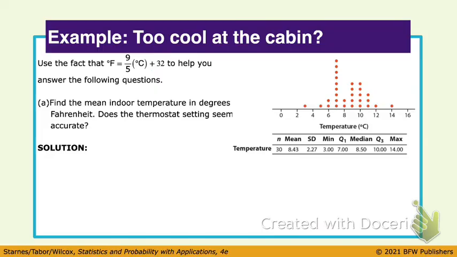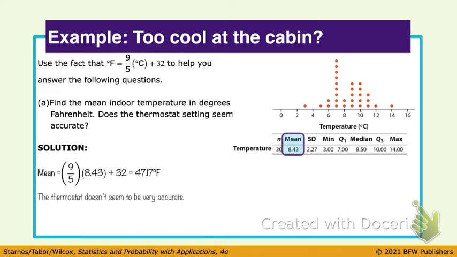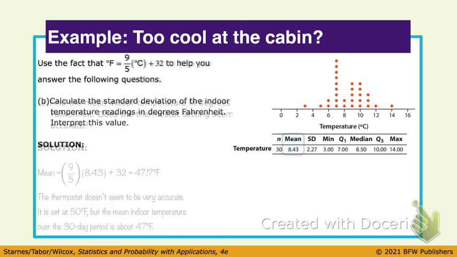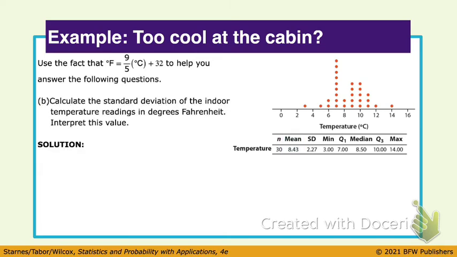All right, now we're going to calculate the standard deviation. The current standard deviation is 2.27 degrees Celsius, but I want to convert that to Fahrenheit.